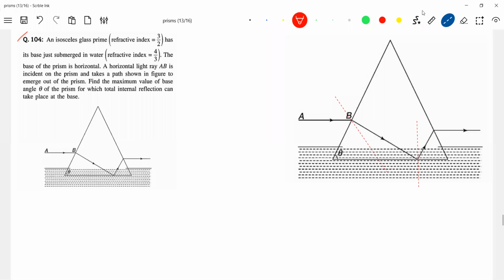It may not appear 90 degrees, but it is 90 degrees, because it's a normal, no? Now get into the question: find the maximum value of base angle theta of the prism for which total internal reflection can take place at the base.